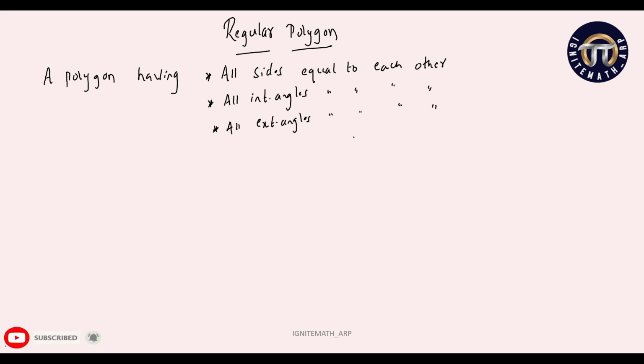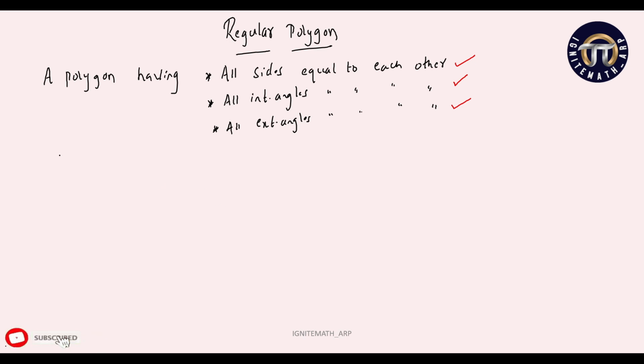So when a polygon satisfies all these three conditions, it should have all equal sides, each interior angle equal to the others and each exterior angle equal to the others, then the polygon is called a regular polygon. Clear, children?